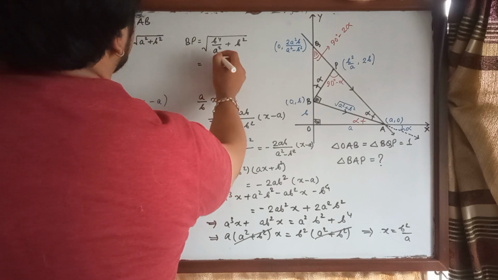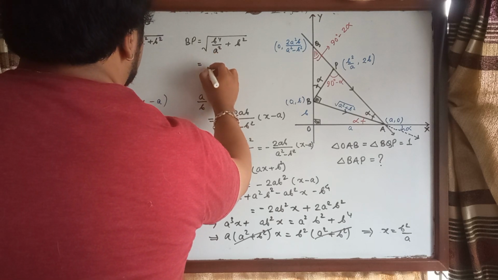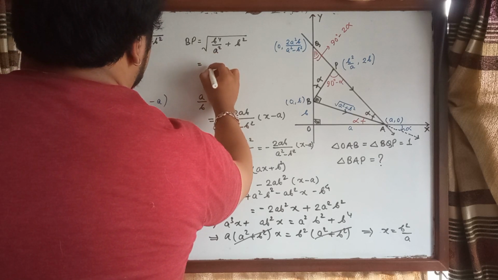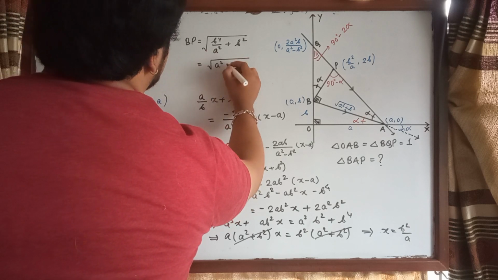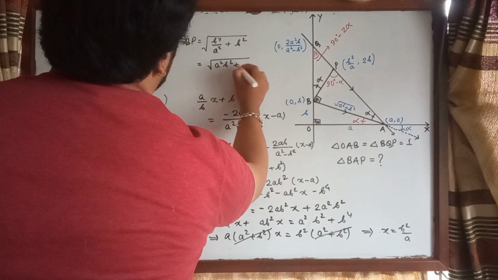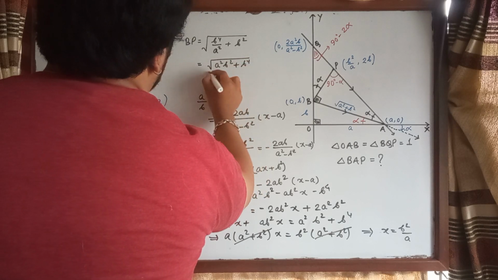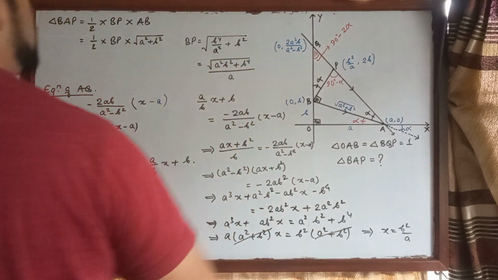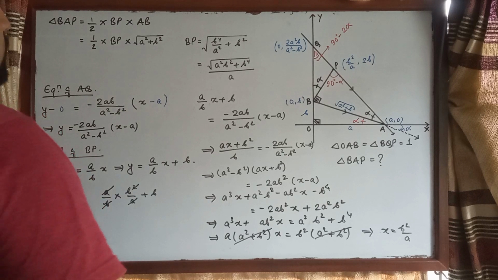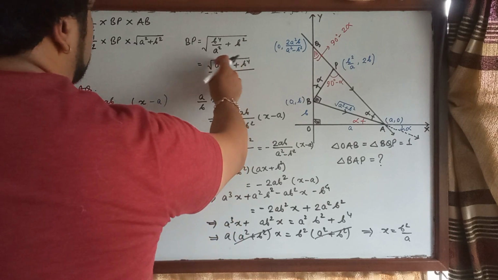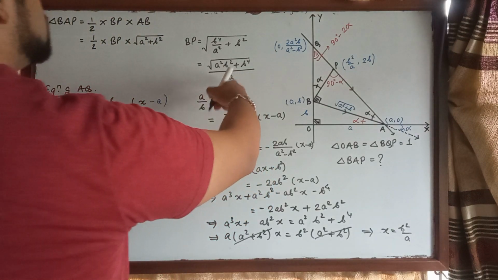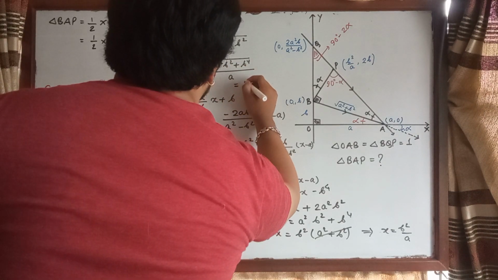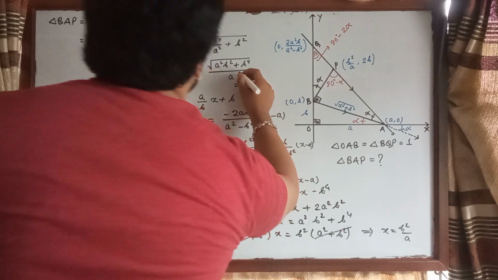So what do we have here? The square root of a squared b squared plus b raised to the power 4, all over a. If we take this out, what are we going to get?